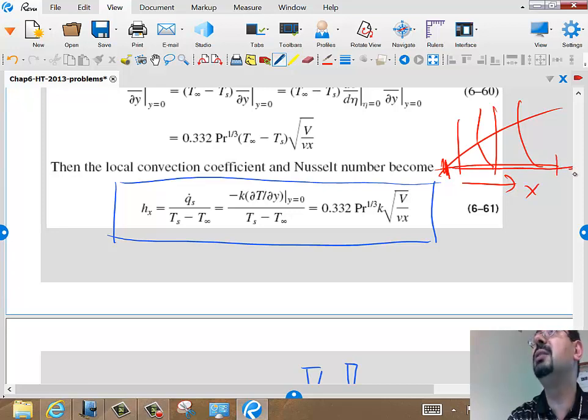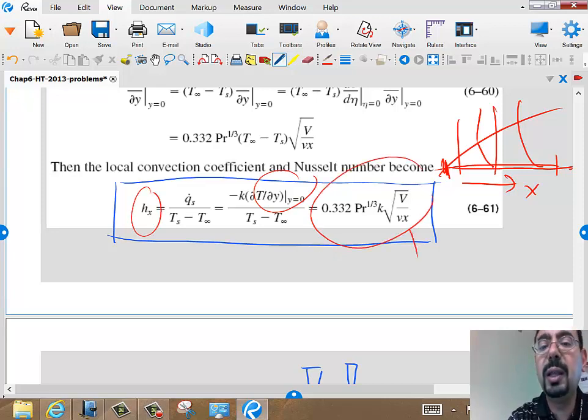At every x, it's different. Partial T, partial y is different. It's a function of x. That's why the h, look at that, is a function of x. And as promised, I did promise you that the h will be a function of Reynolds and Prandtl. Here is the Prandtl. Do you see the Reynolds number here anywhere?